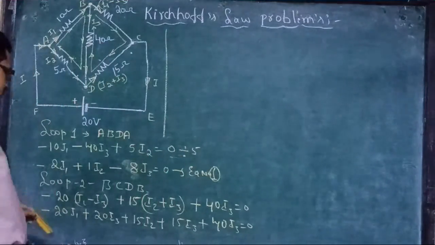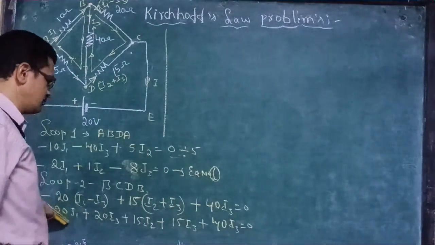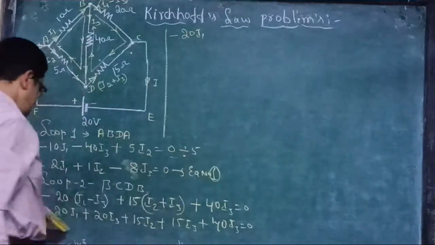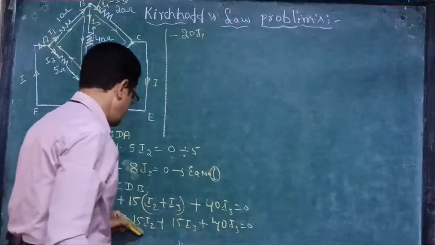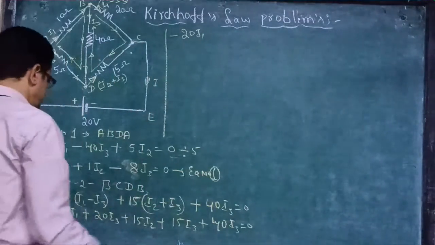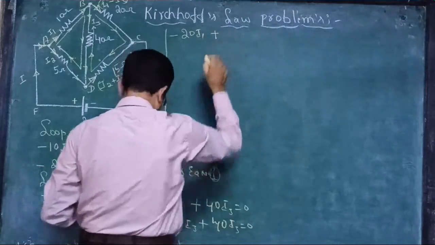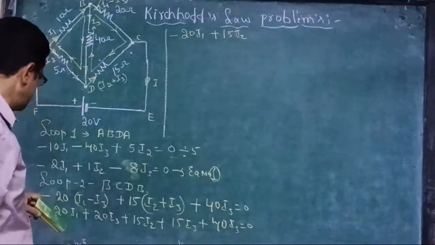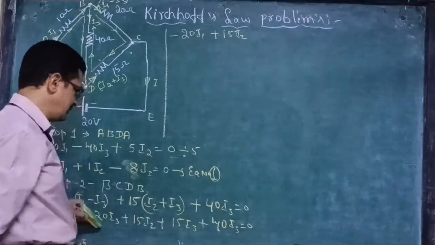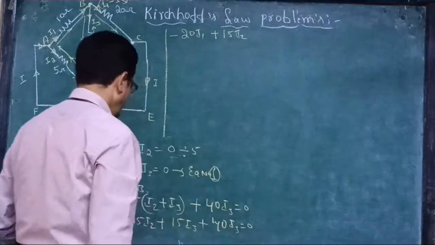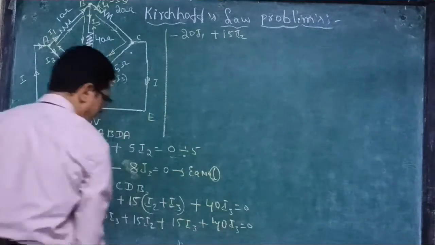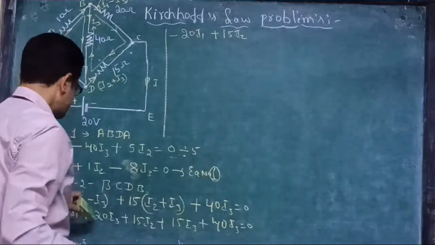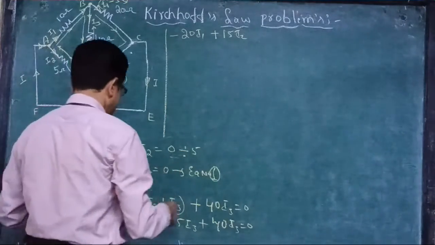Here similar current I1 is only 1, so that means 20 I1. Next I2, how much? Here only 15 I2, so I have to take the plus sign, 15 I2. Then I3: here 20 I3, 15 I3 and 40 I3, so all are added together. 40 plus 15, 55, plus 20 means 75.